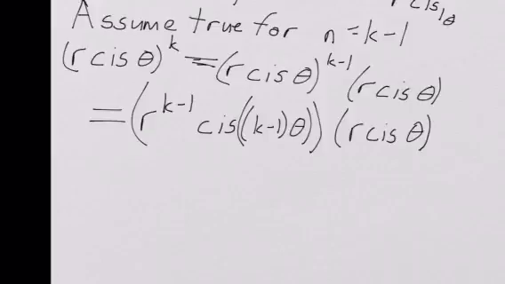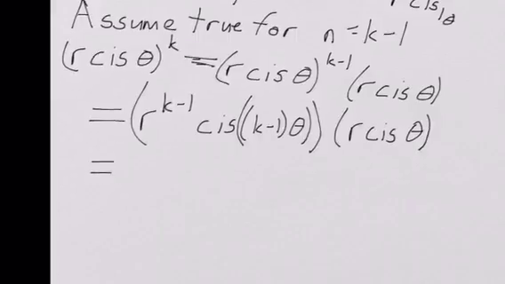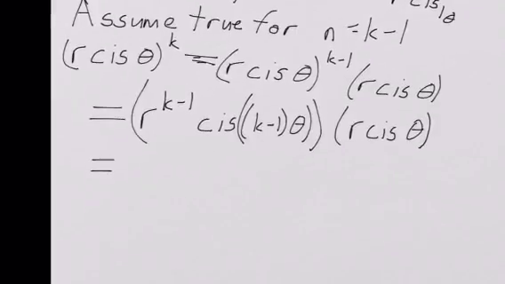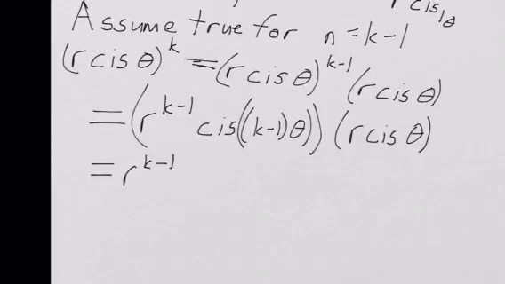Well, now we can apply the product theorem from last time. And we know that this is equal to r to the k minus 1 times r times CIS of (k minus 1) theta plus theta.